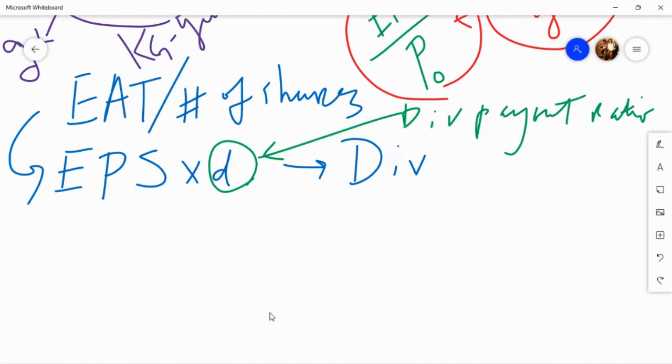That's how they can grow. So for them, the dividend payout ratio will be 0%. But generally companies pay out some dividend as a token, symbolic meaning only, that they are sharing profit with the shareholders, right?